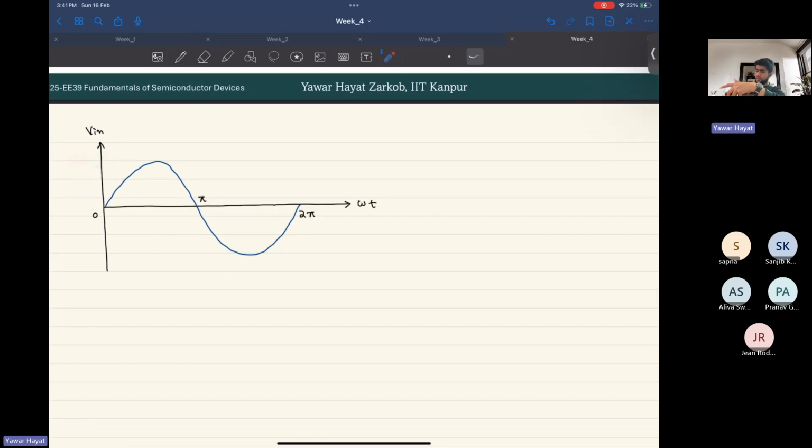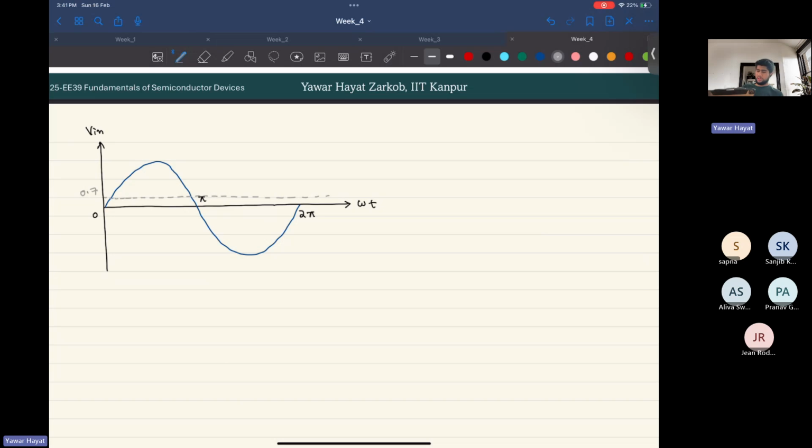This is 10. And there would be a voltage level somewhere around here, not drawing it to scale. And this would be your 0.7.